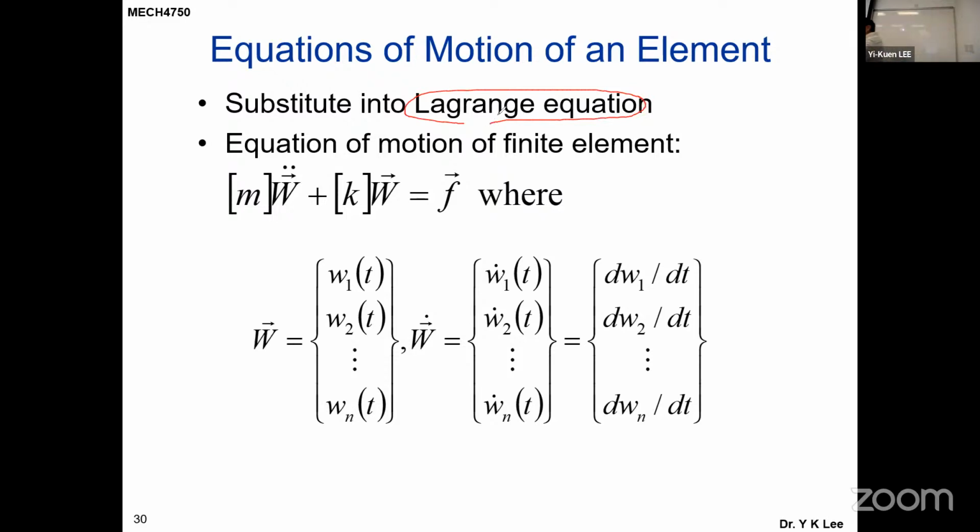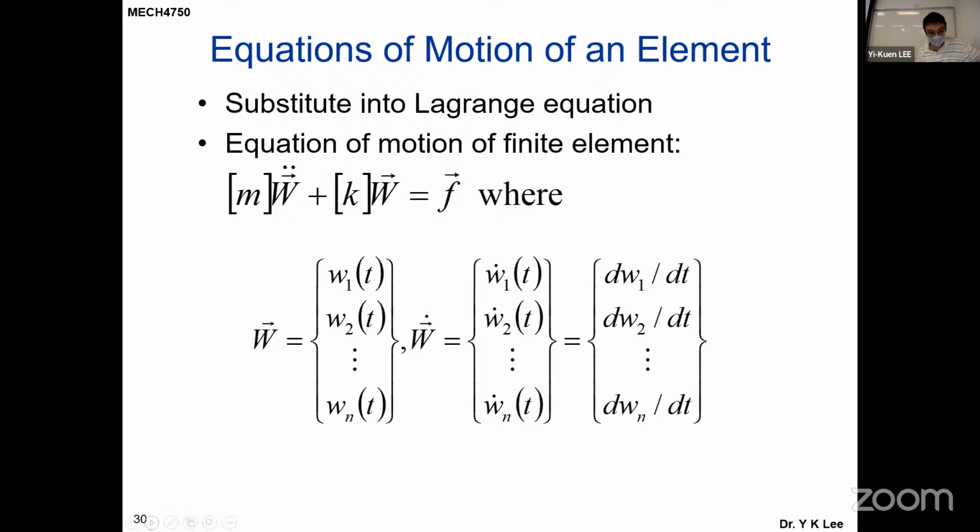Once you can define the energy, kinetic energy for each element and potential energy in all the elements, then based on the Lagrange equation of motion we can get the equation of motion for one element. I think this at least gives you some basic idea.